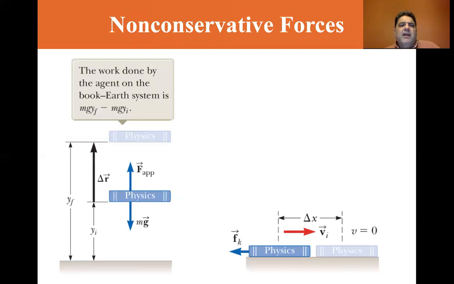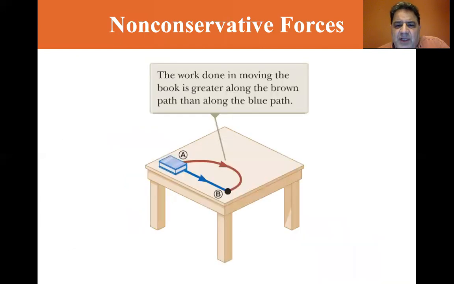The work done by the agent on the book-Earth system is just mg y final minus mg y initial. So this on the left is a conservative force. On the right, the force of friction is a non-conservative force. And the total mechanical energy is a combination of the kinetic energy and the potential energy.